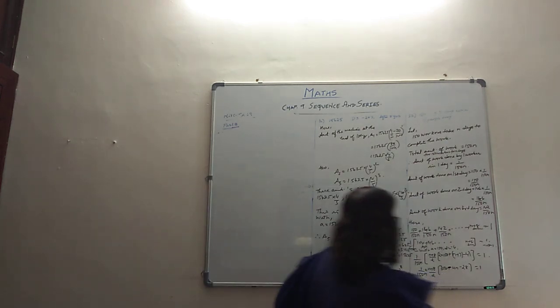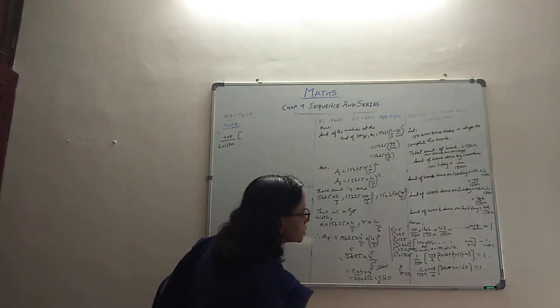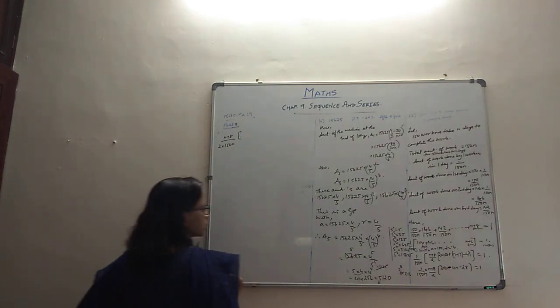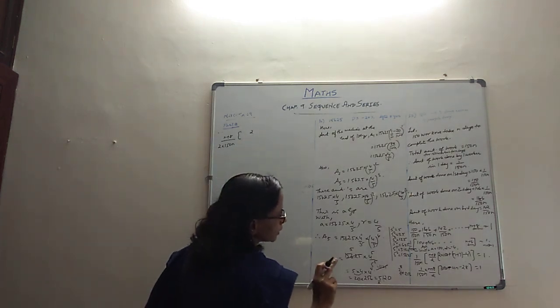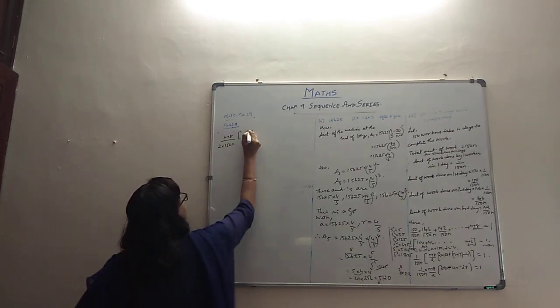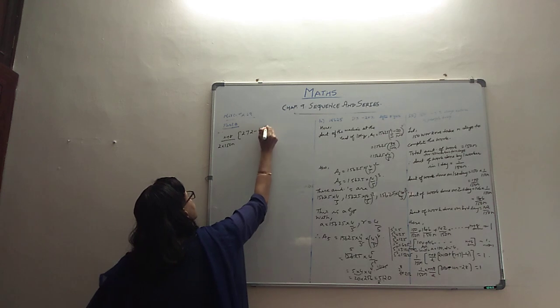We have n plus 8, 2 into 150n, inside the bracket it is 300 minus 28. How much is that? 10 minus 8, it's 2, and 9 minus 2, it's 7. 272 minus 4n is 1.